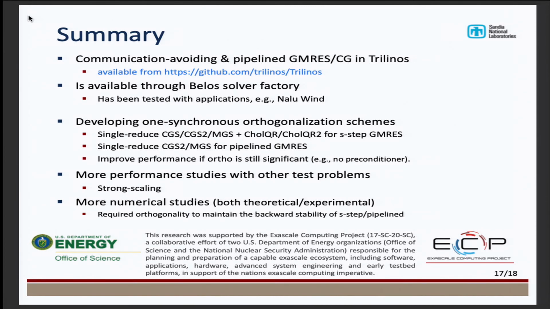We integrated this single reduce version of orthogonalization schemes, and we are running more performance tests, especially with preconditioners. And I think we need to do more numerical studies to really understand the effect of these new orthogonalization schemes.